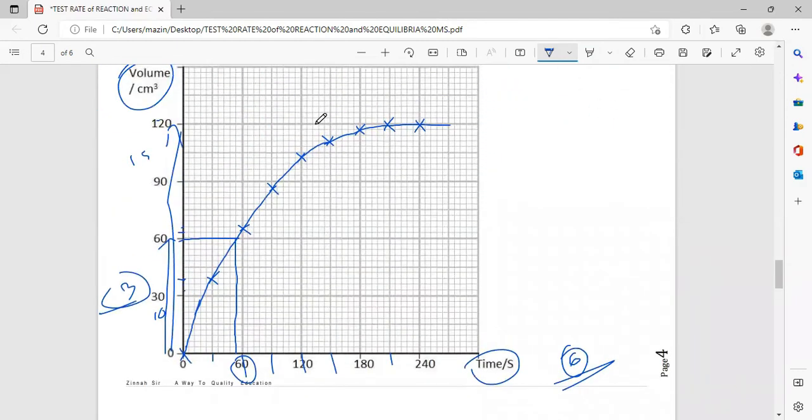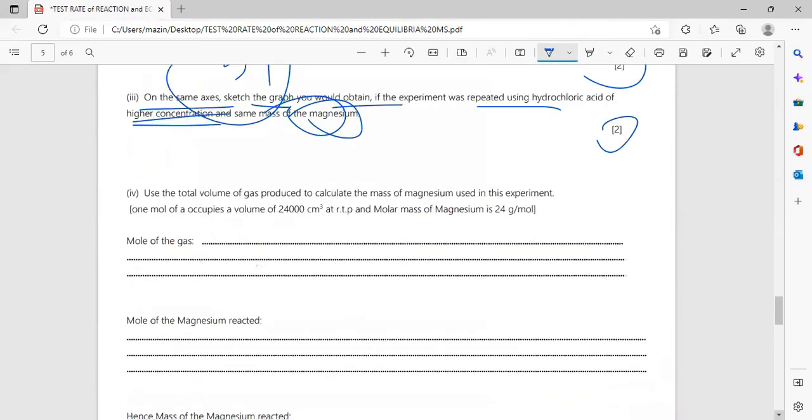Same volume means it will reach this height, and greater rate means it will be steeper. Okay. Remember, this line should be a straight line beforehand, before the point where the previous reaction stopped. Clear? This is okay. And the next question.